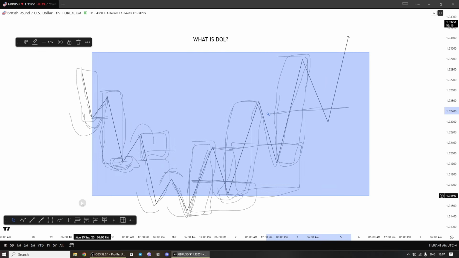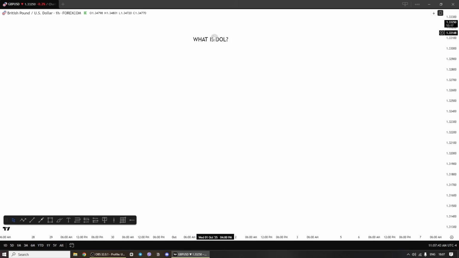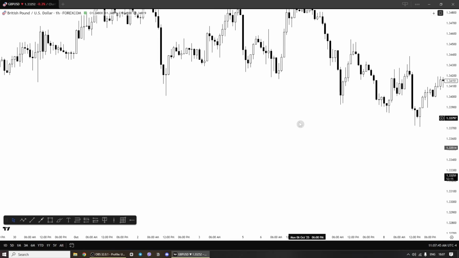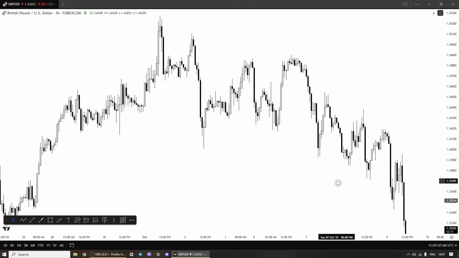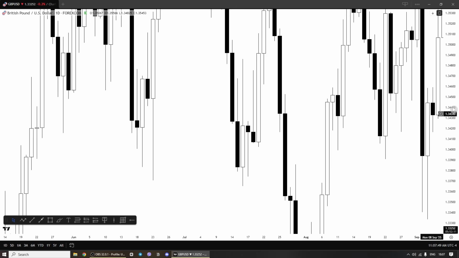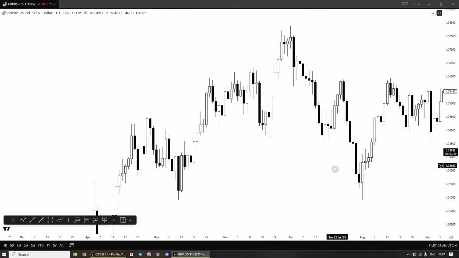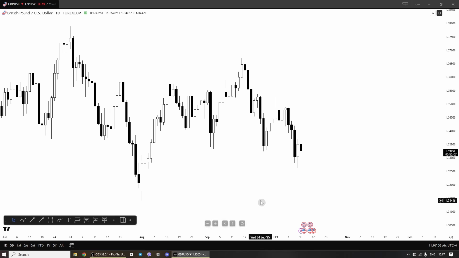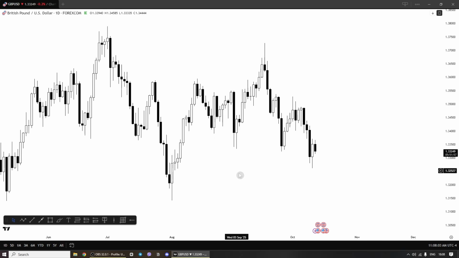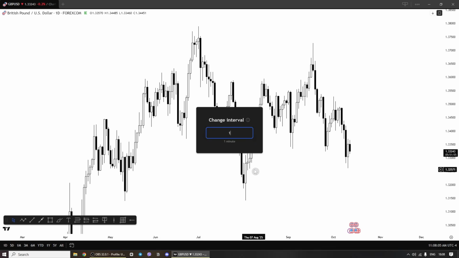Let me now jump on the chart and try to find as many examples as possible. Yes, it's pretty simple. You don't have to complicate it, but you have to be careful because you can get stuck on the opposing side of the market.